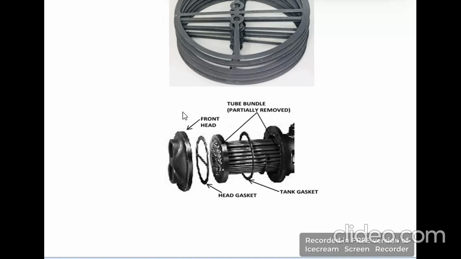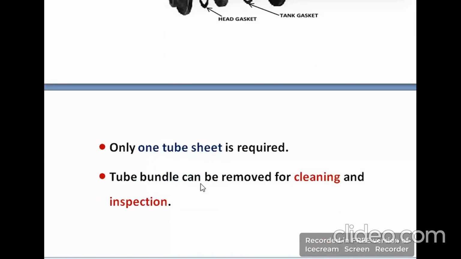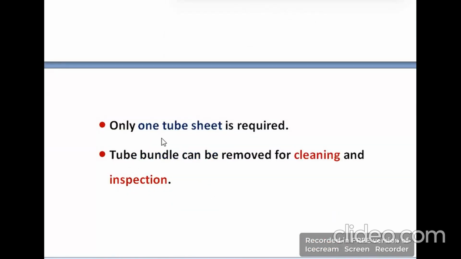So due to its free floating design, the gasket is not required. The next one is that only one tube sheet is required. The other side is free. And the last is that the tube bundle can be removed for cleaning and inspection. It means the whole tube bundle may be removed.